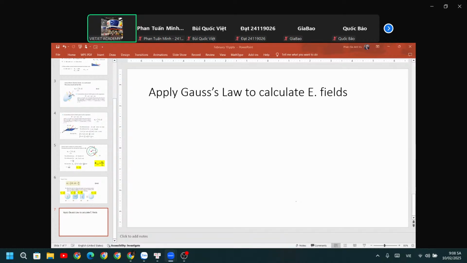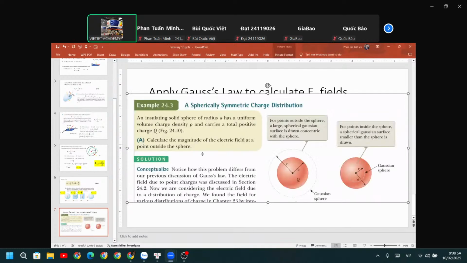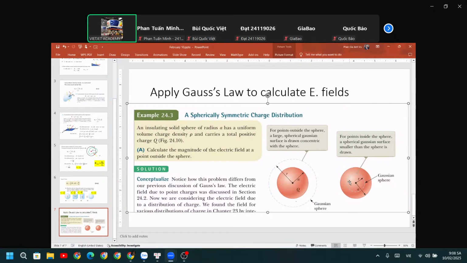The first example is for the sphere. Now I have a solid sphere with the radius A, and the total charge is Q. Then I would like to calculate or identify the electric field outside of the sphere and inside of the sphere. Right? For the point here and for the point here.